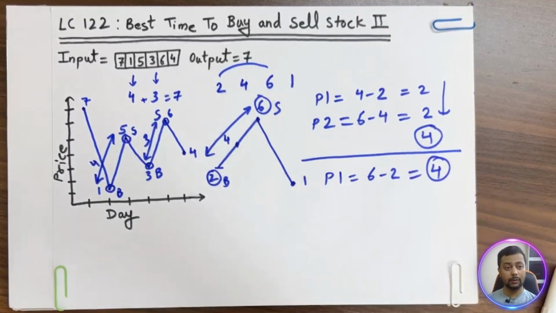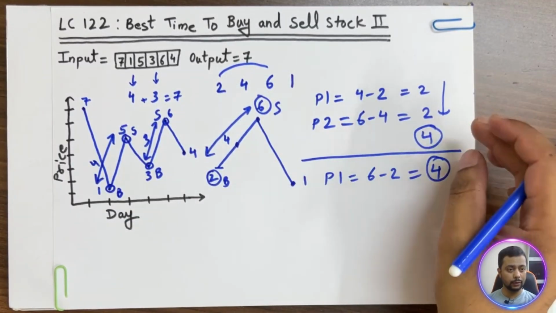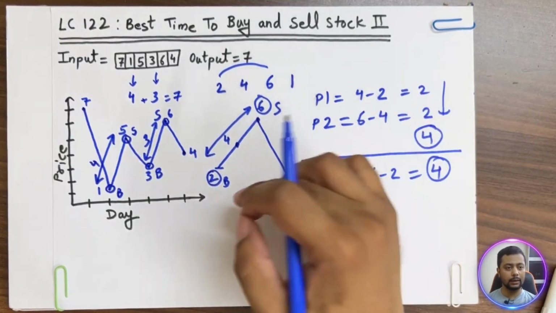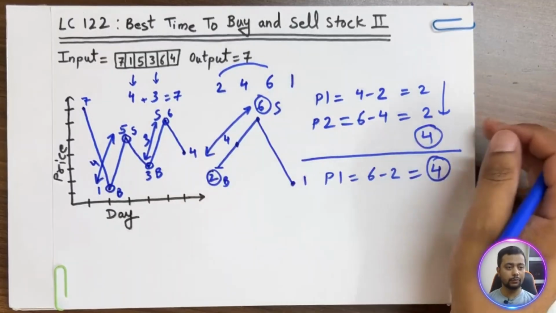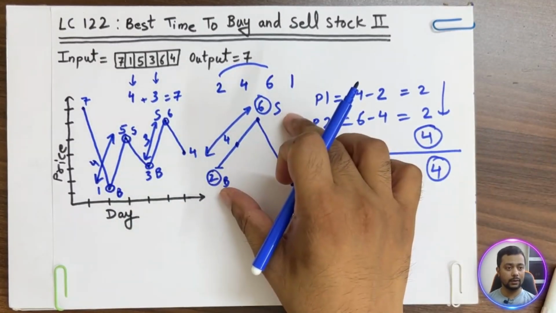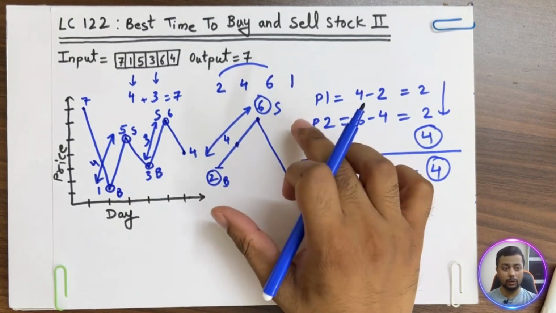I'm explaining this just to make sure that you understand it does not matter whether you sell at every individual day, every consecutive day, as long as stock prices are increasing, or you directly sell at the last step. In both of those cases, your profit is going to be the same.